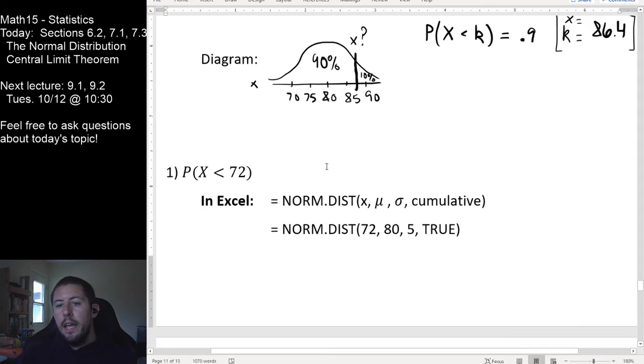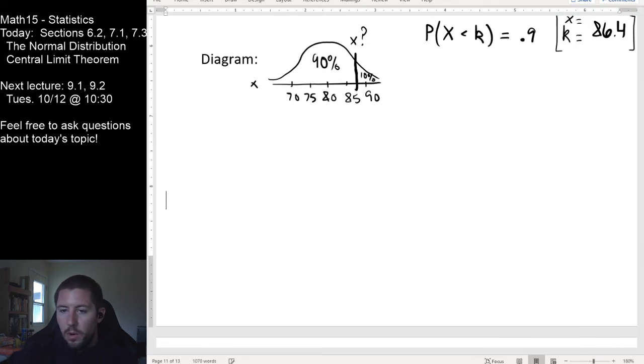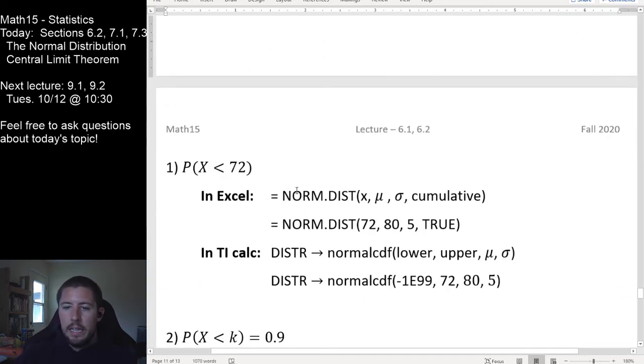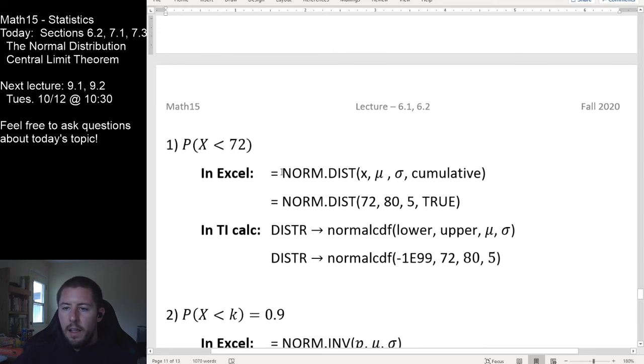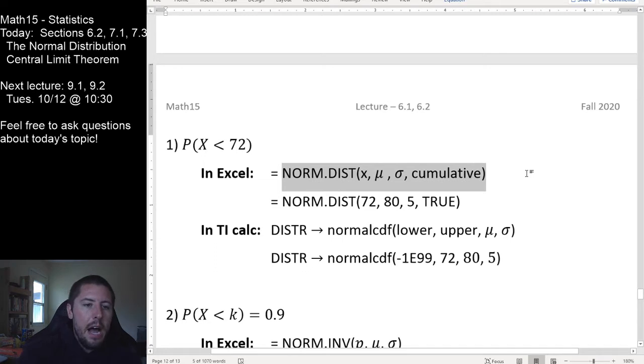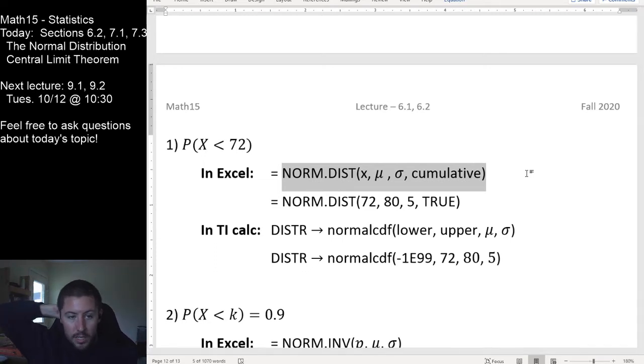So what we did in problem number 1, when we were looking for the probability that x is less than 72 in Excel, you're always going to see the NORM.DIST format like this. This is how you use the NORM.DIST function in Excel. NORM.DIST is always going to be looking for the x value of interest, the cutoff value, which is 72 here, and we need to know the average and standard deviation.